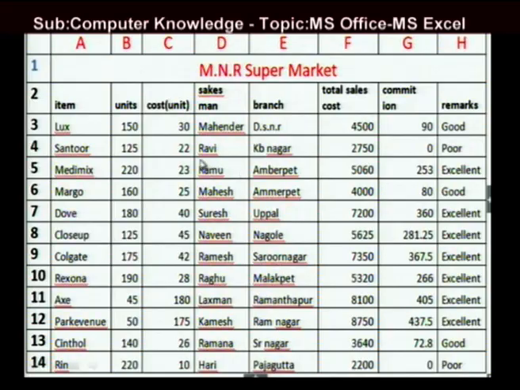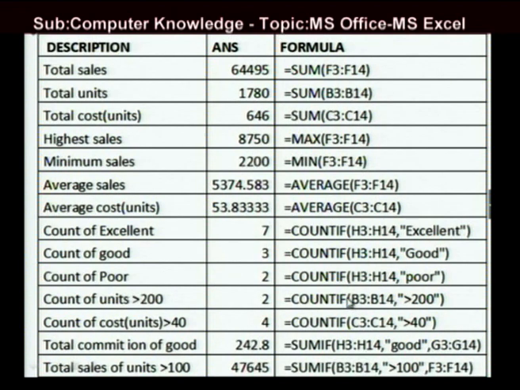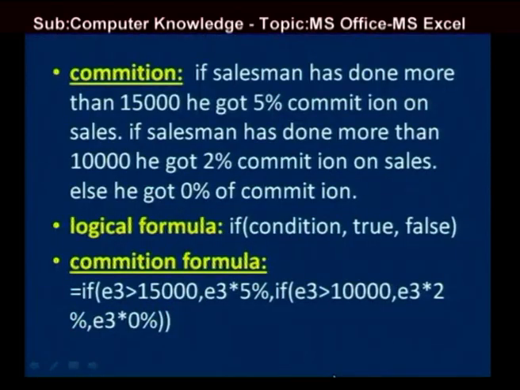So, the F column consists of total sales, columns and rows. Columns and rows consist of the total sum of F3 to F14. Okay, these are the important functions: sum, average, COUNTIF and SUMIF.